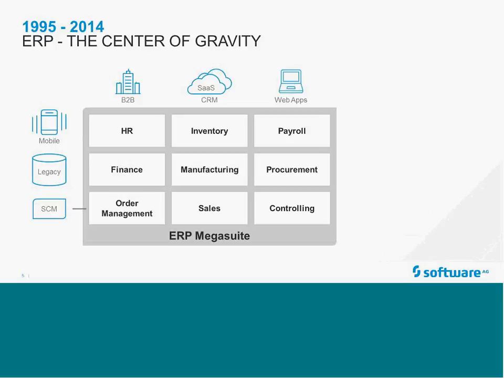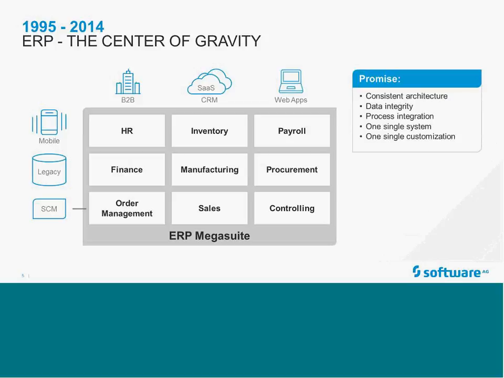So the ERP is not the way people are looking at ways to become more receptive to their individual business needs. The ERP had the promise of architecture, data integrated, everything all in one place, one single system. And as a company that has one of those ERPs, I can attest that even with Software AG, we don't have one single system.